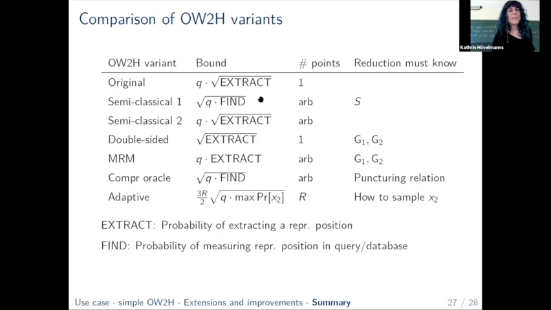So for example, we can push the Q under the square root if the reduction does know the puncturing set S. Or we can do without the Q altogether if a reduction knows both oracles, or alternatively, get rid of the square root, but at the cost of a factor Q. We can also apply it to the compressed oracle, and we can also do it adaptively.